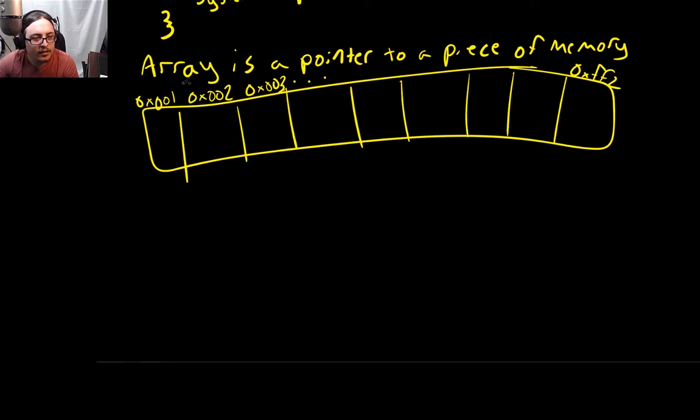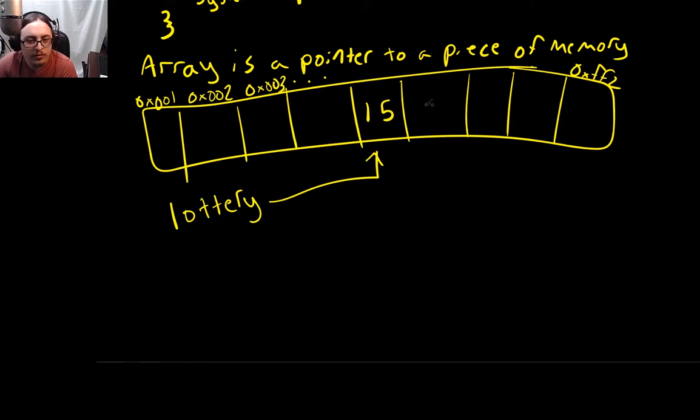Well, an array, in this case lottery, is pointing to one of these memory addresses. And this memory address holds one piece of data. So our 0th position held the value 15.